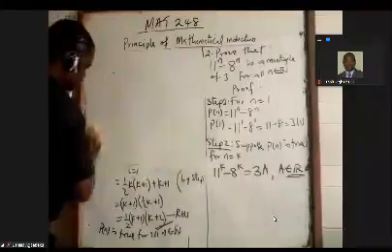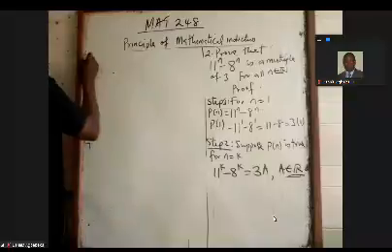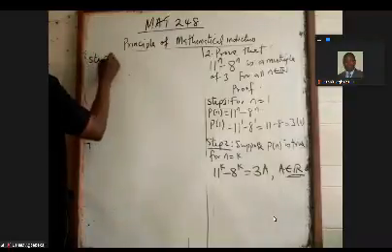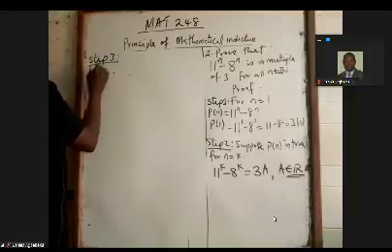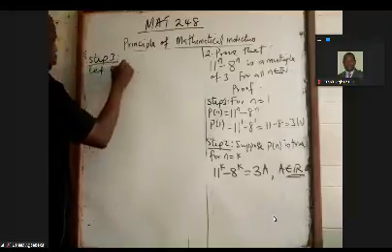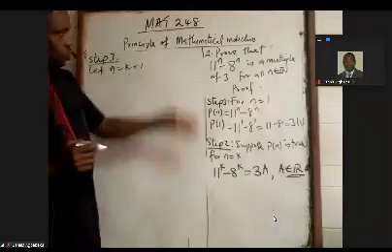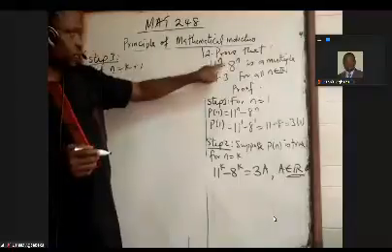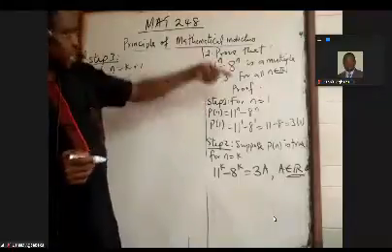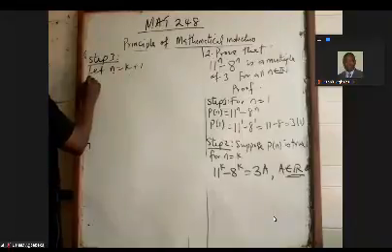So when n is k plus 1, that means 11 raised to power k plus 1 minus 8 raised to power k plus 1. I want to show that this result will always be a multiple of 3. So I simplify. By law of indices, I can write this as 11 in bracket 11 raised to power k minus 8 in bracket 8 raised to power k. Let us call this equation star. I'll come back to it later.